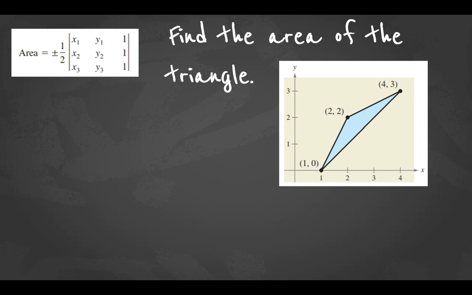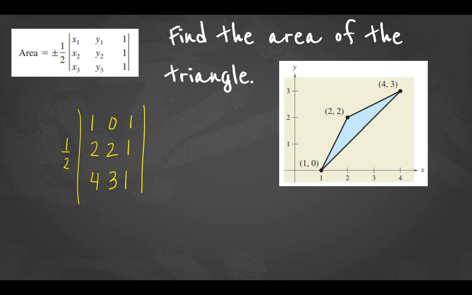Uh-huh. So remember, when you set this up, you just put the points in for X and Y, and the third column is all ones. Then we take the determinant and multiply by 1/2, and then make it positive, because area has to be positive.